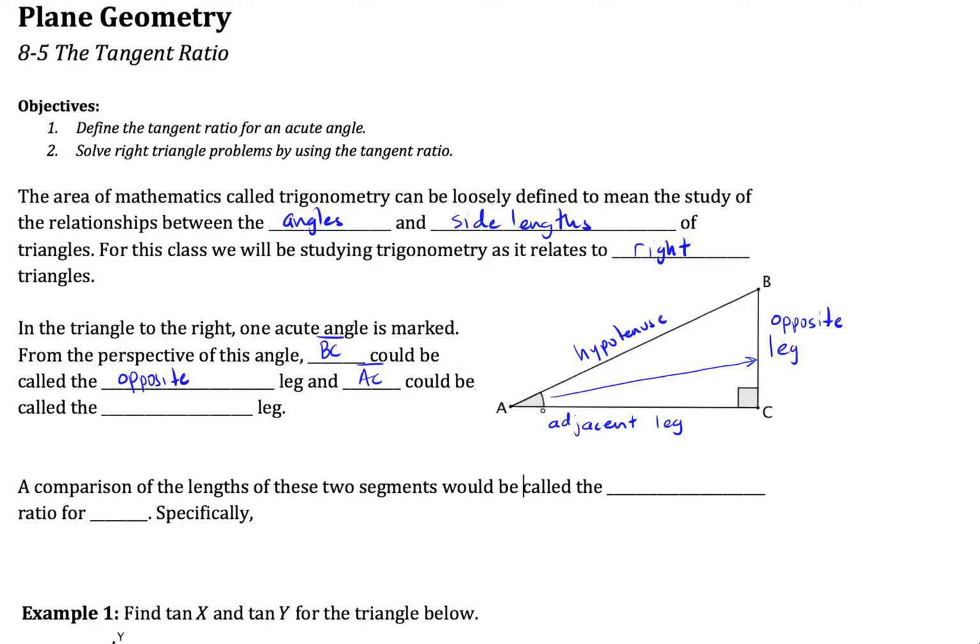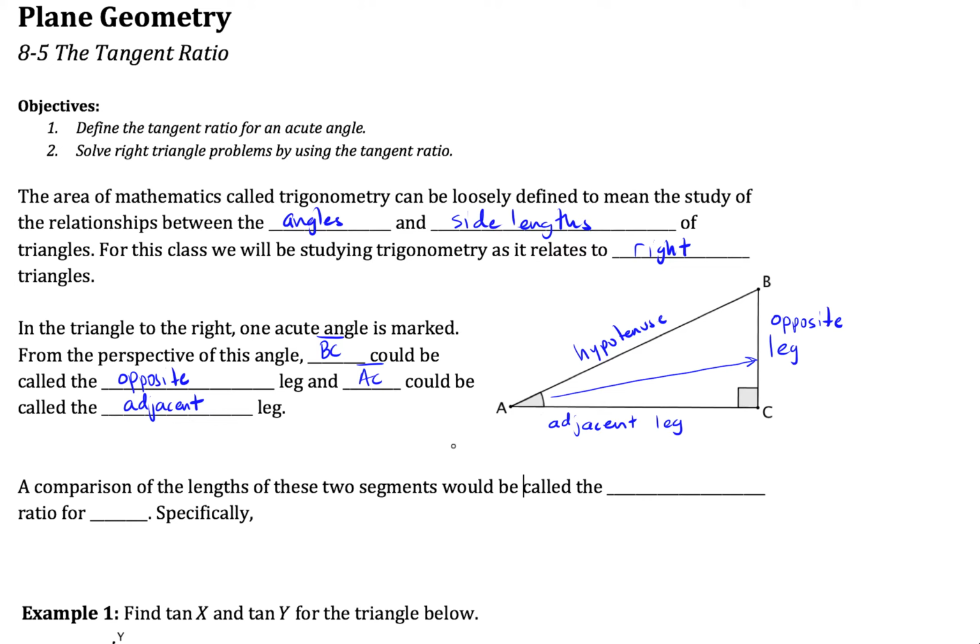This leg is next to, or adjacent to, the angle we've marked. So we are going to call segment AC the adjacent leg. That terminology is going to be used a lot in the next couple of sections on trigonometry. So from angle A's perspective, we have the opposite leg across over here, and we have the adjacent leg next to the angle.